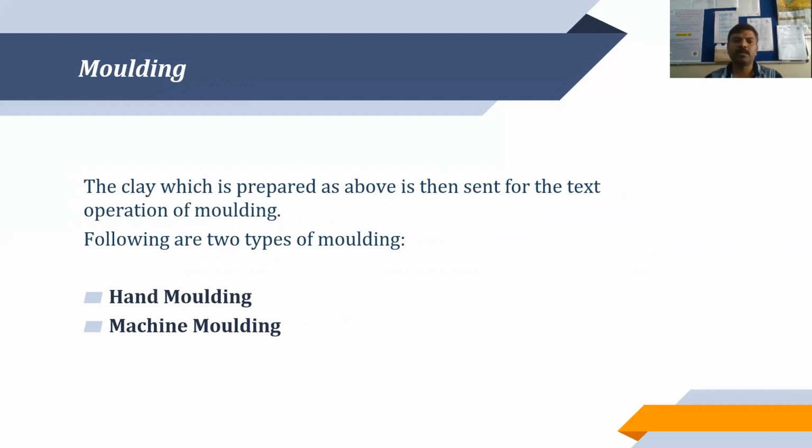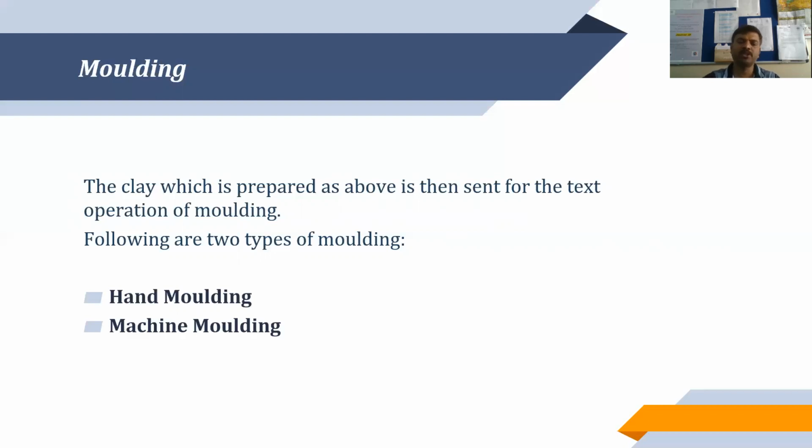The clay is filled in it, tapped to remove the air voids, and the excess clay is scratched off from the mold, followed by demolding on the ground. After the demolding, the brick is allowed to dry in the sun or by air.